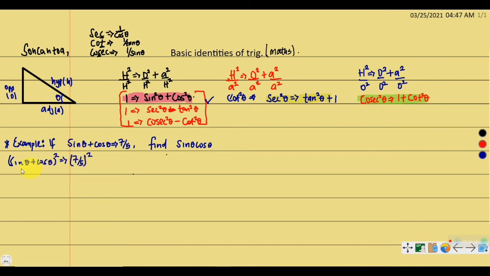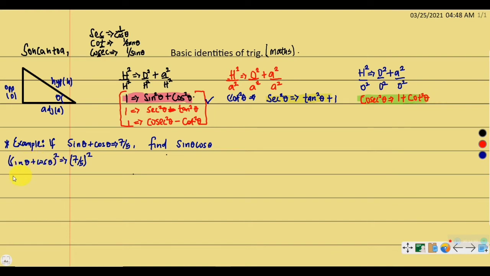What I've just done here is that I squared both sides so that I'll be able to use the first property. Now from here, it is very easy for us to expand. I hope students still remember a plus b all square.